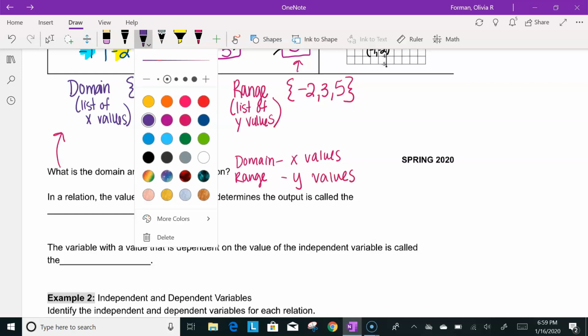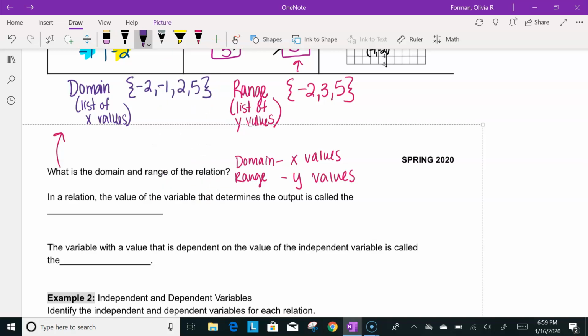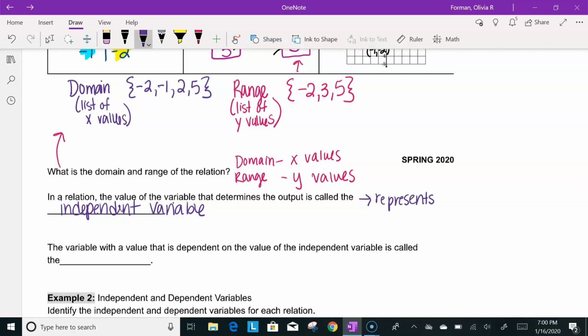Okay, so let's finish this off. It says, in a relation, the value of the variable that determines the output, so it determines the output, is going to be called the independent variable. And so the independent variable represents, or is represented by, the x-axis, the x values.